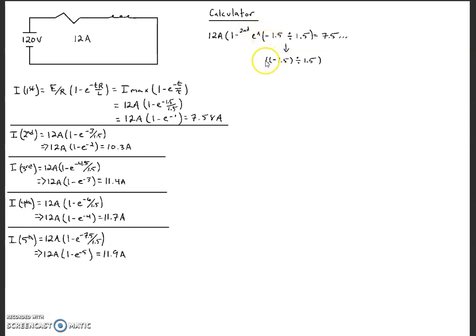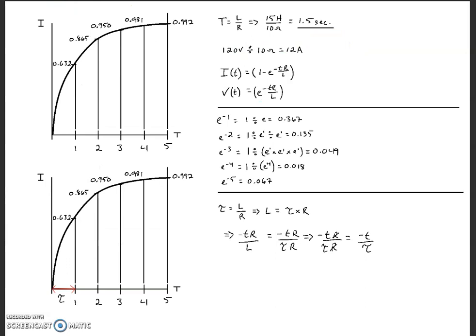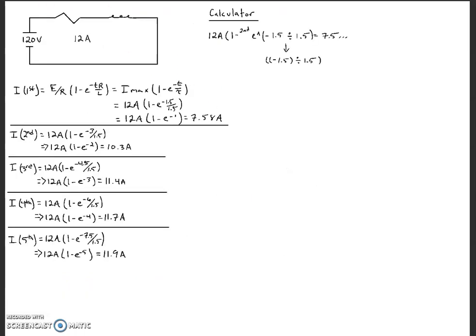What it'll look like is this right here: open bracket 1 minus e to the negative 1.5 over 1.5 gives us 7.5 amps. Now 1.5 is relative to what we're doing here. So 1.5 seconds was the tau. That's the 1.5 second increment in between each one.